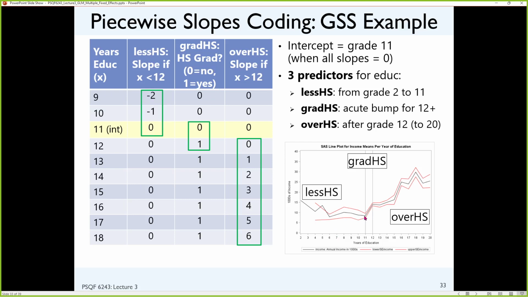So what it would do is change the reference for the model from, right now it's 11, to basically everybody from 2 to 11 being lumped together into the same category. So I could do that. But if I wanted to make a point that more education doesn't help for people who didn't graduate high school, then I would leave the slope in so that I could make that point.